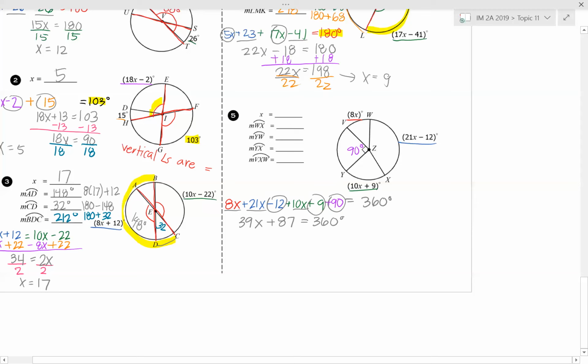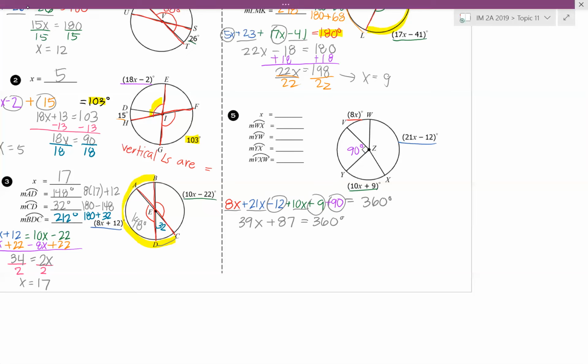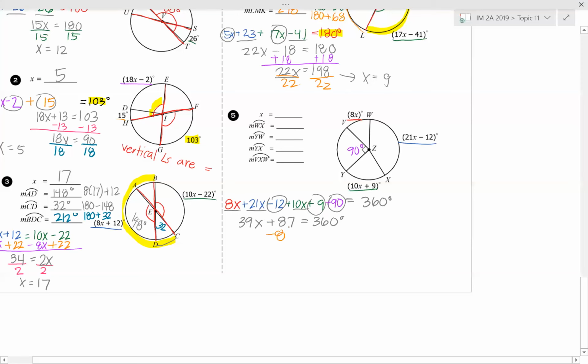And so what we want to do to isolate then is subtract 87 from both sides. So that's going to give us 39x is equal to 273.